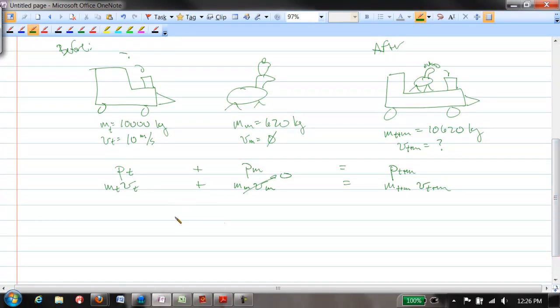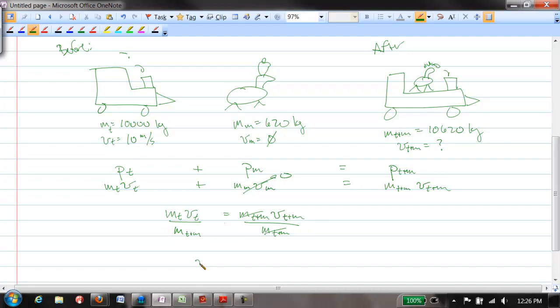Now we can solve this thing. We say, okay, we've got mass of train times the speed of the train equals the mass of the train plus moose times the speed of the train plus moose. Now what we're looking for in this problem is the velocity of the train plus moose. So let's divide both sides by the mass of the train plus moose. It's going to cancel out over here.